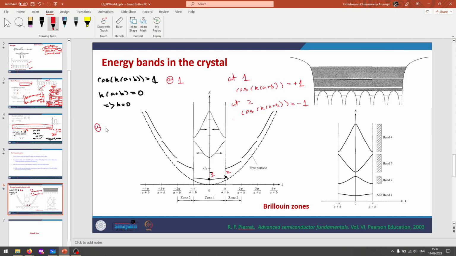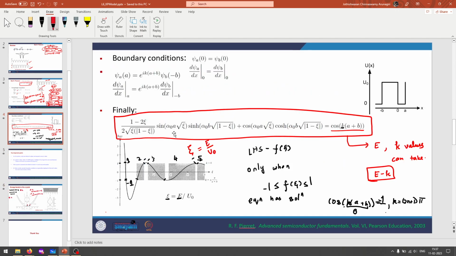Similarly, at point 2, since this is the first time I'm encountering the solution cos of k times a plus b equal to minus 1 from the left hand side, this is the first time the minus 1 condition is being satisfied.